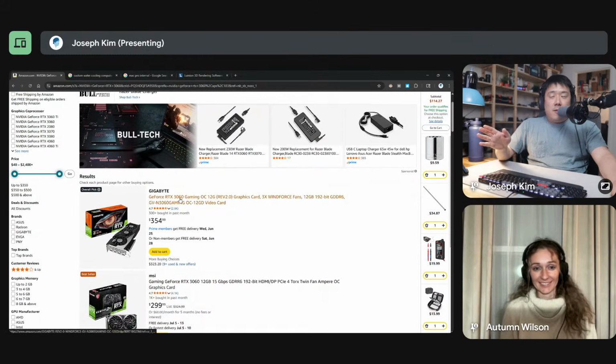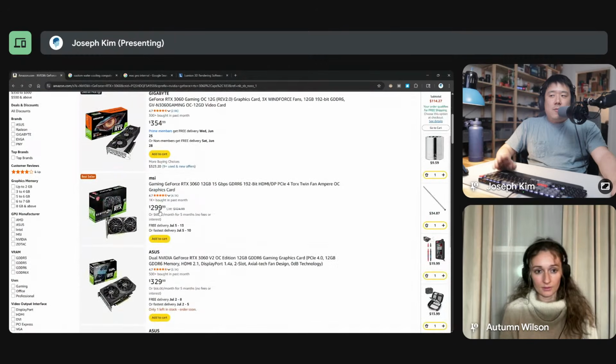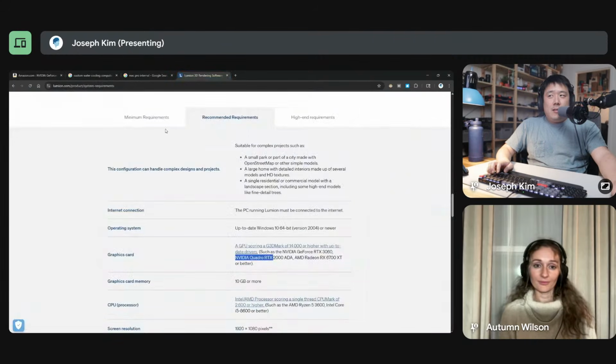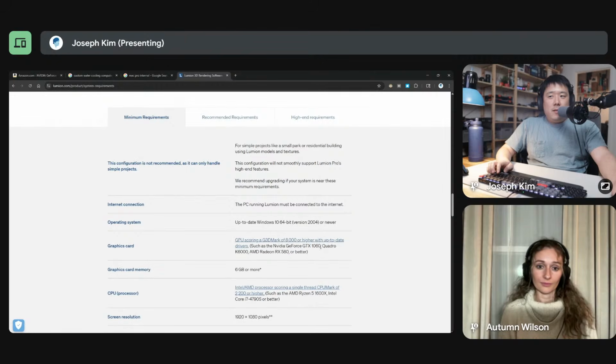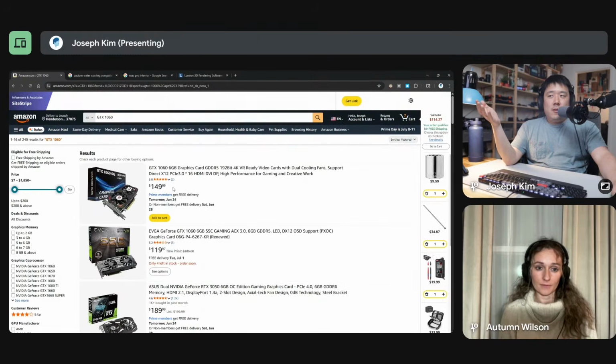The 3060 is recommended. If you look at desktop graphics cards, these are off the shelf at $350, or $300. Whereas if you buy a laptop without one, you can't really fit one later on. Let's say you bought a machine with a GTX 1060 in it because you didn't want to spend $300, and it turns out you can't really run Lumion the way you wanted.